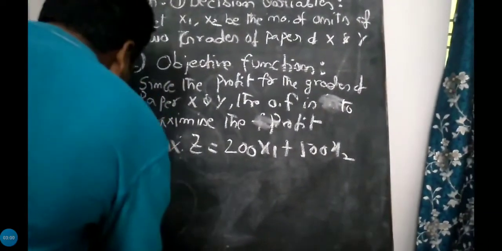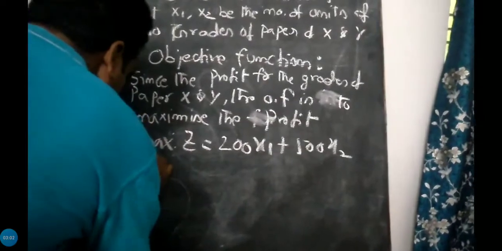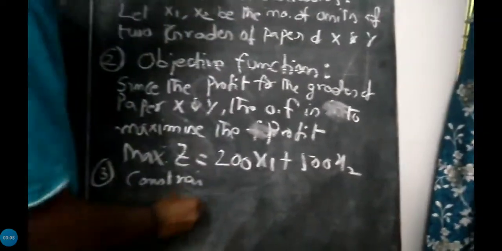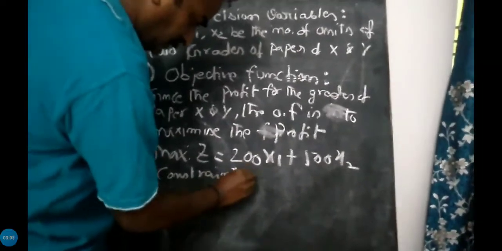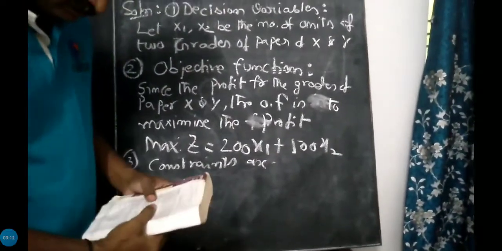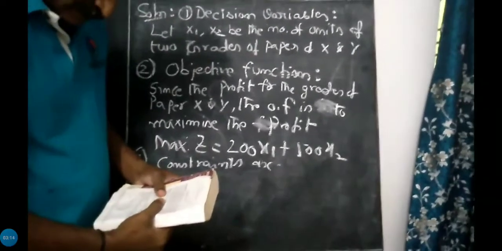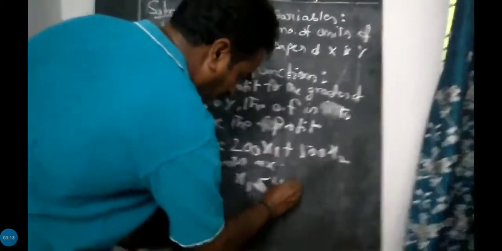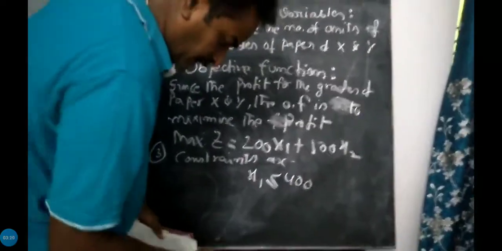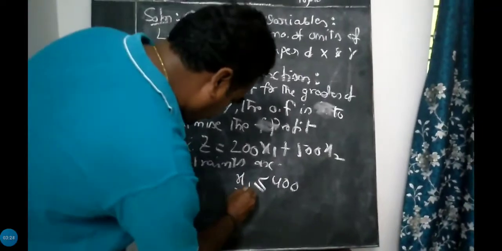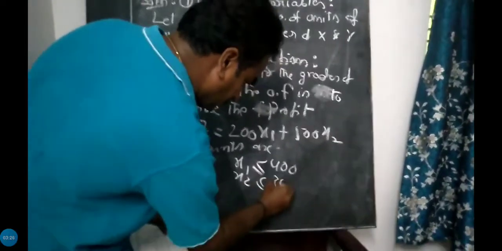Then the third one is constraints. The constraints are: one is x1 is less than or equal to 400. Second one is x2 is less than or equal to 300.